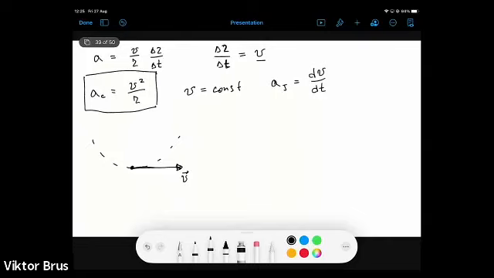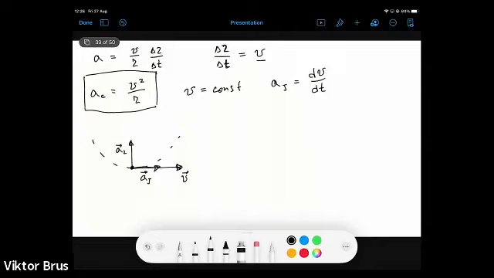Then in the same direction will be the tangential acceleration vector. And here will be the so-called radial acceleration vector. Usually they are called tangential and radial, and in the names, their orientation is already defined.